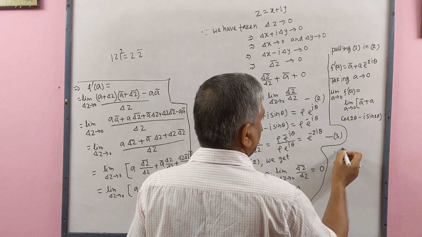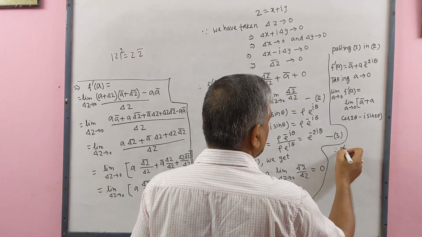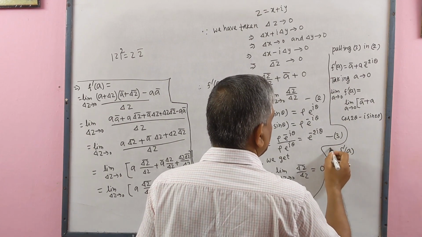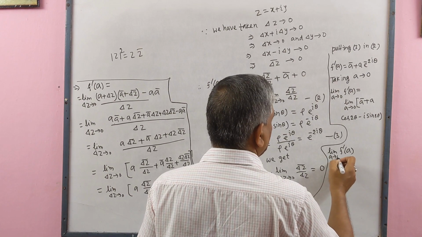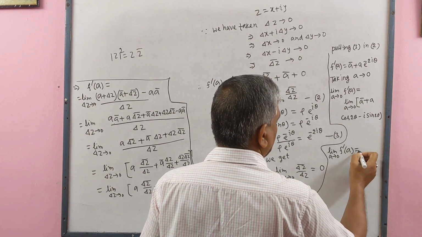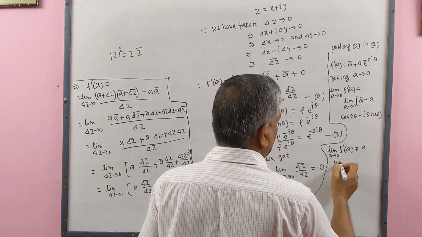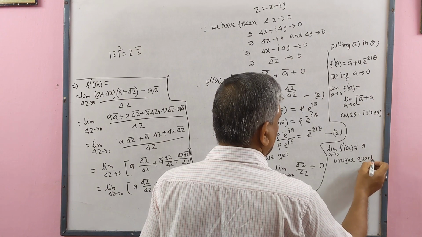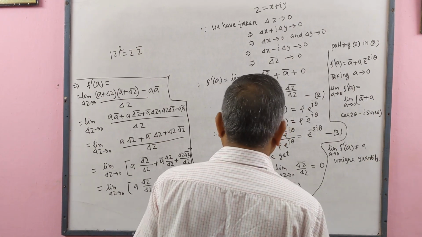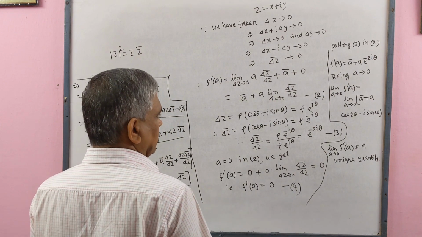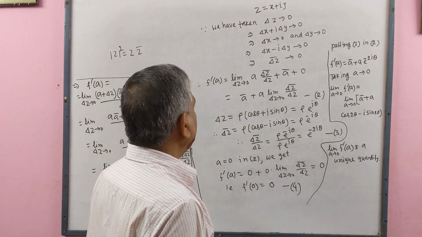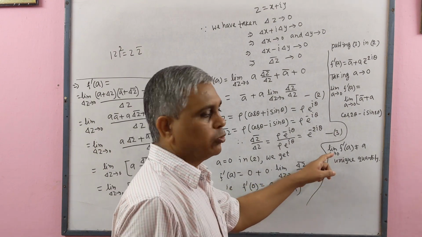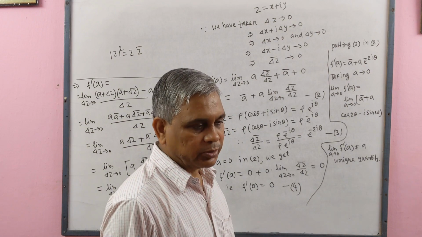Therefore, the limit of f dash a as a tends to 0 is not a unique quantity. Therefore, f z is not differentiable at a equal to 0, that is, it is not differentiable at the origin.